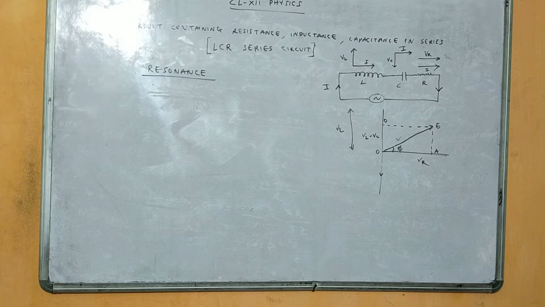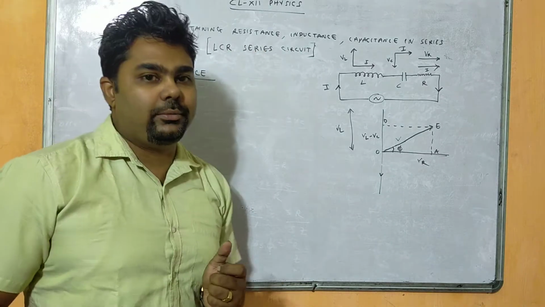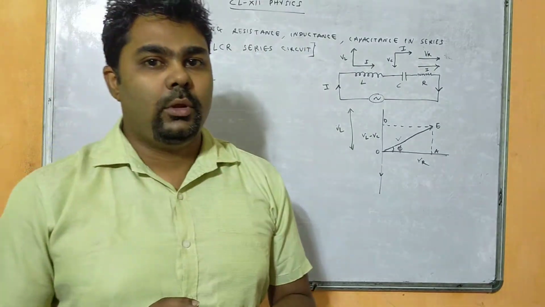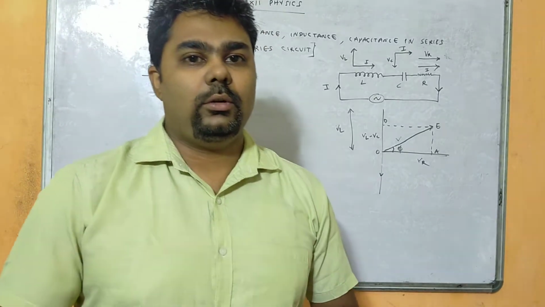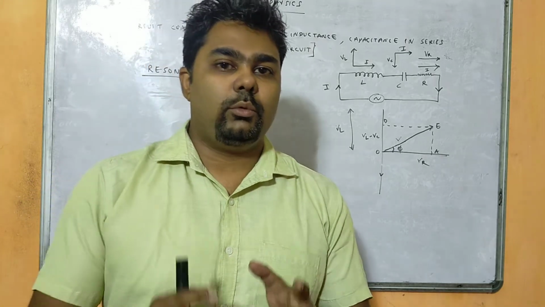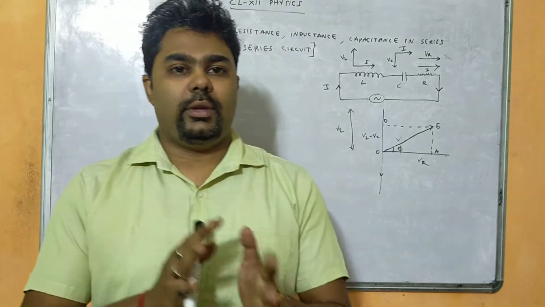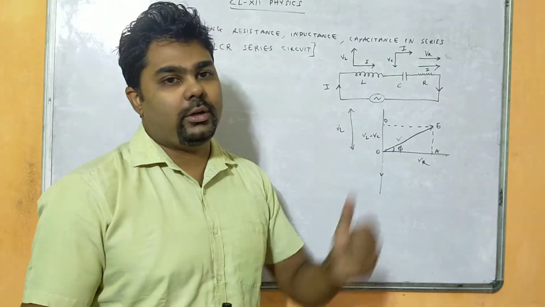This is a very important topic, that is resonance in a series LCR circuit. What is the resonance condition? We say that an LCR circuit is in a resonant condition when the phase angle is 0, right? That means when phi equals 0, we say the circuit is in resonant condition.